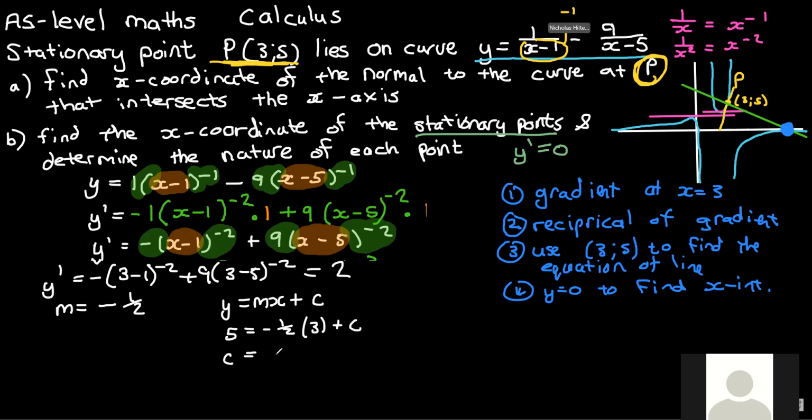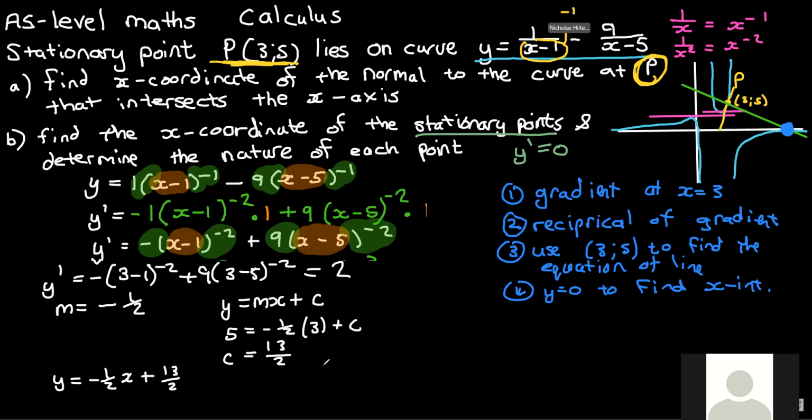And we get c equaling 5 plus 3 over 2, which is 13 over 2. Okay, so that is our c. So the equation of the line is y equals negative a half x plus 13 over 2.